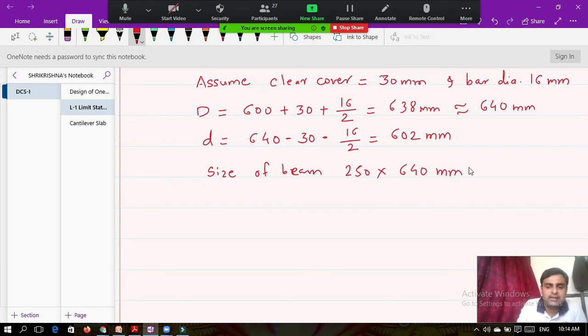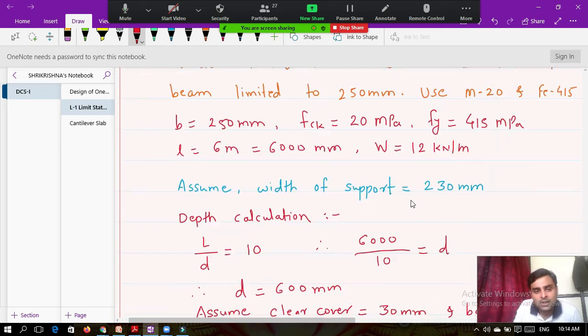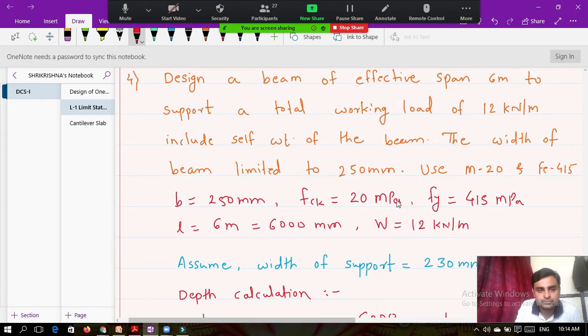Okay, so in designing we need to calculate the dimensions. Here in this problem I want to tell you one thing specifically. Here the width is given to you as 250 mm, but in some problems they may not give you the width.